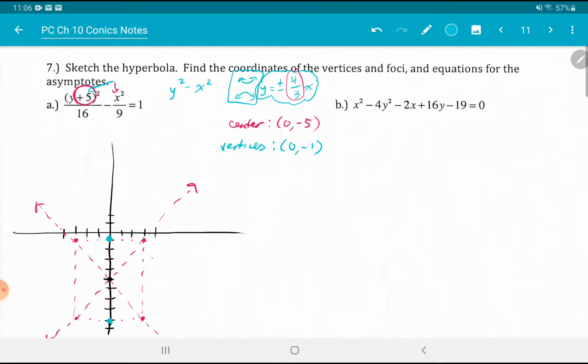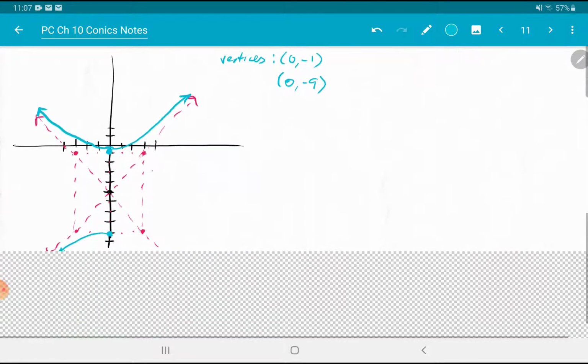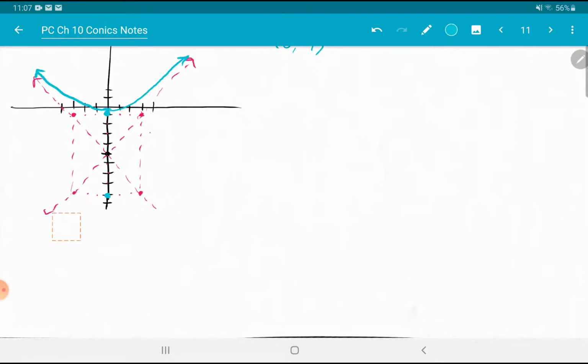My other vertex is at 1, 2, 3, 4, 5, 6, 7, 8, 9, at 0, negative 9. From there we can draw our hyperbola. It is vertical, so it's going up towards these asymptotes, over here as well, going towards the asymptotes.